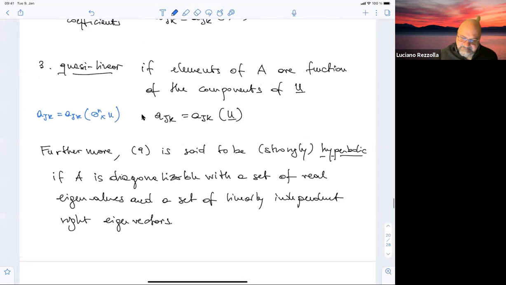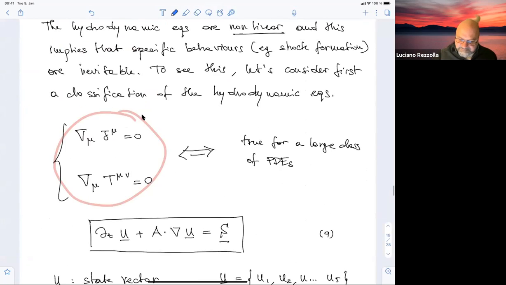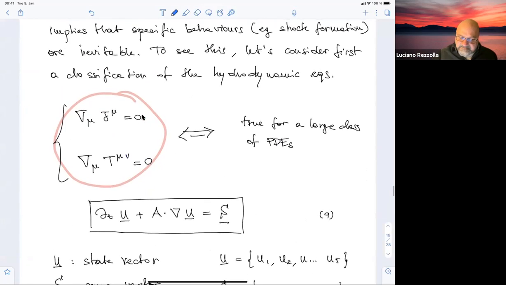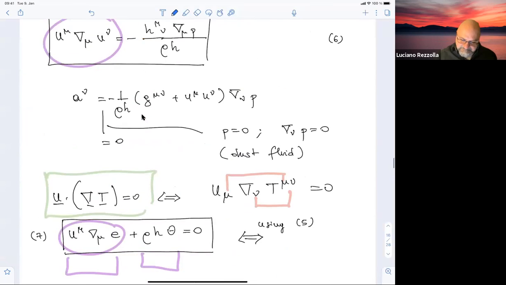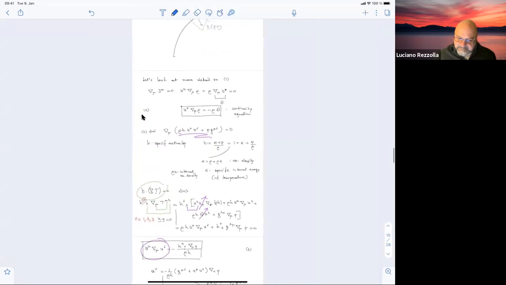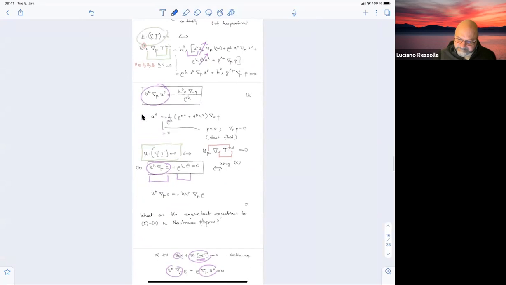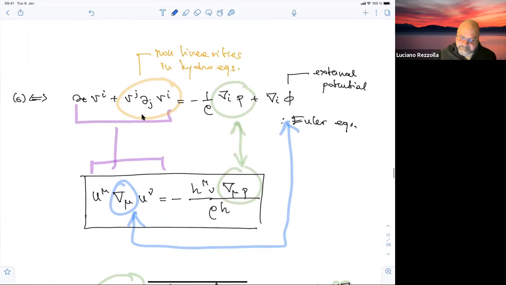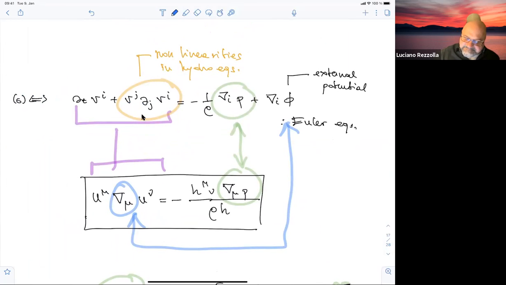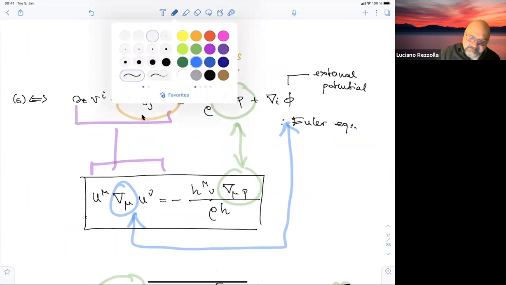Now, let me exploit this to make a comment. Why did I say these are nonlinear equations? Let's go back to this point. Look, this is the Burgers equation, okay? Or if you want, the advection equation.